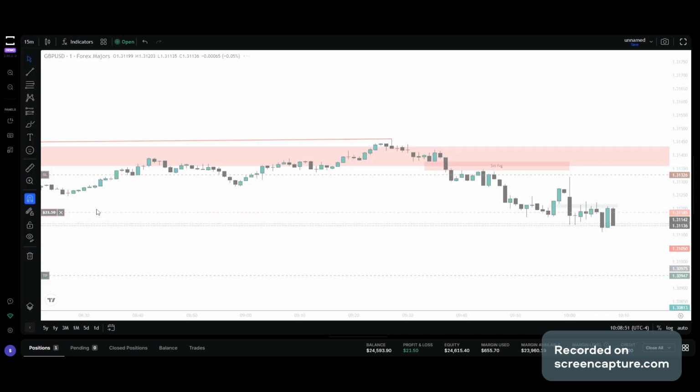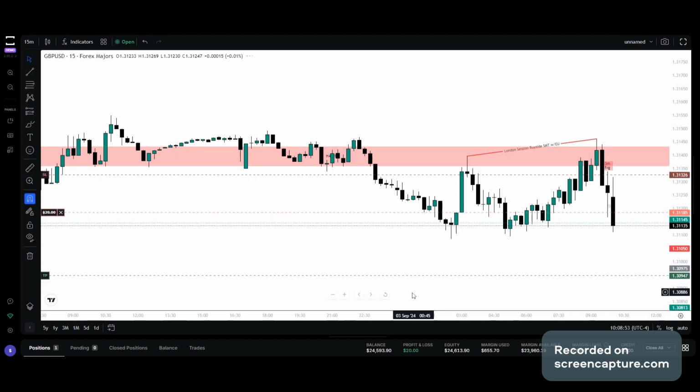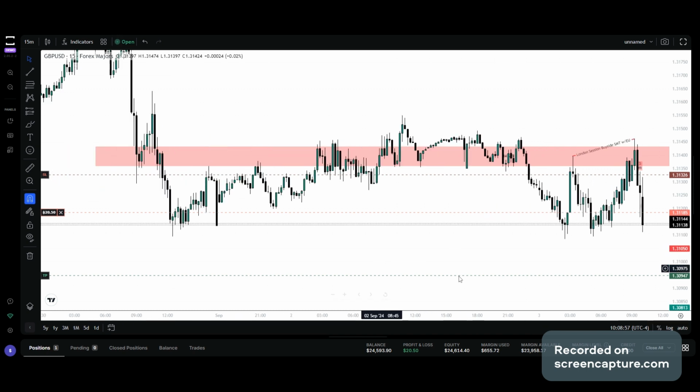So I'll mark off sell side liquidity near term. It's actually right here.